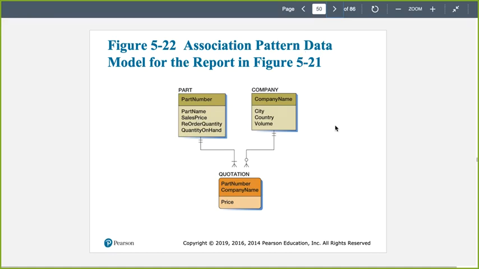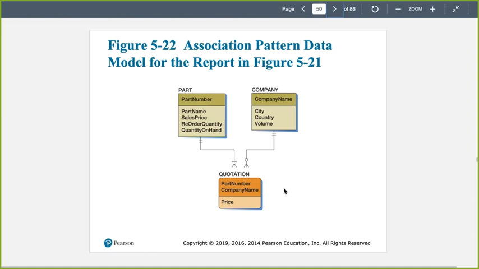And when you have two entities represented by many to many, so company and part in this case is a many to many relationship, we represent them as two one to many relationships. This is a very typical implementation pattern that we use in databases. Many to many becomes two one to many relationships.